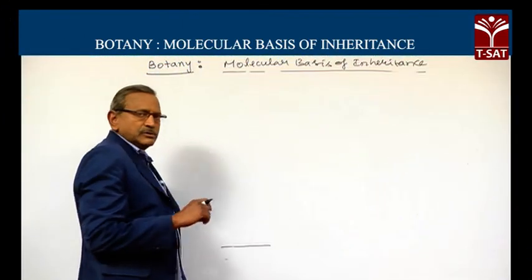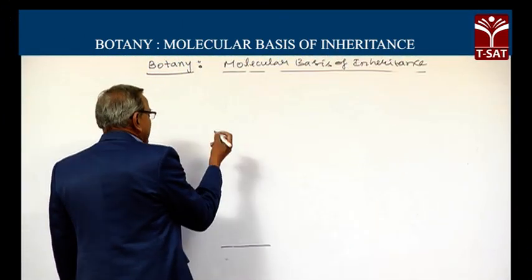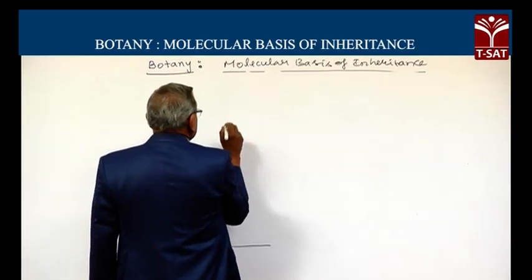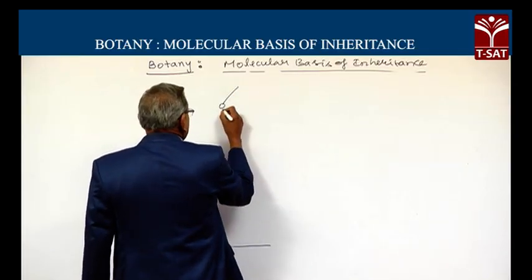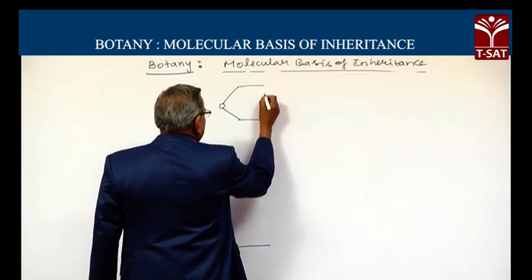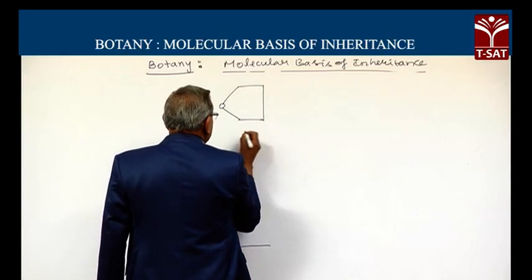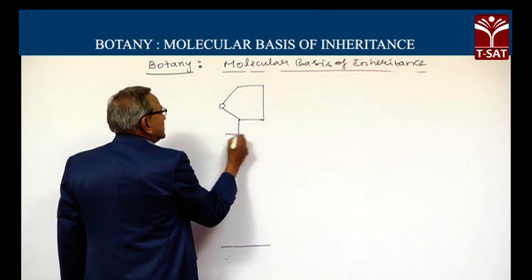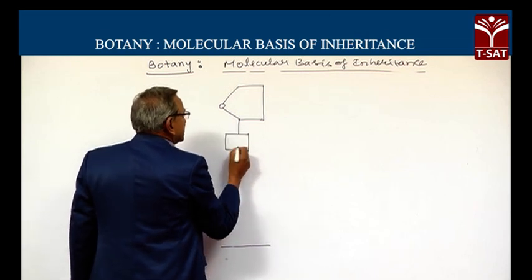Let us consider how nucleoside and nucleotide are formed. First, this is the pentose sugar of a DNA molecule, and this is first position where nitrogen base is attached.